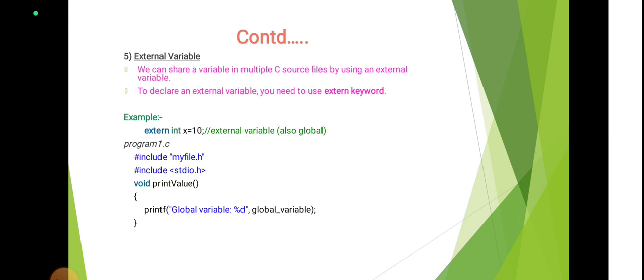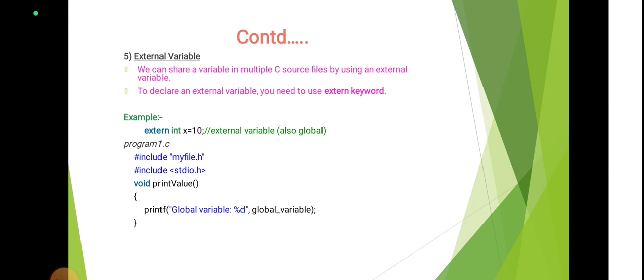Then the next type is the external variable. We can share a variable in multiple C source files by using an external variable. When you want to share a variable into multiple C source files, that variable is declared as an external variable. To declare an external variable, you need to use the extern keyword.